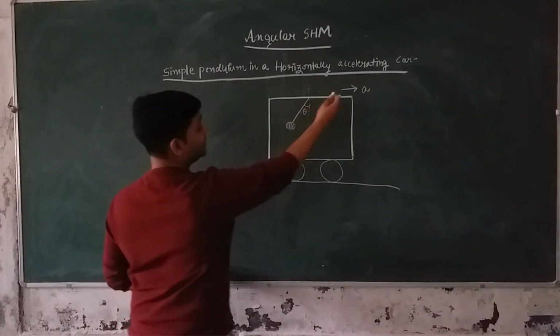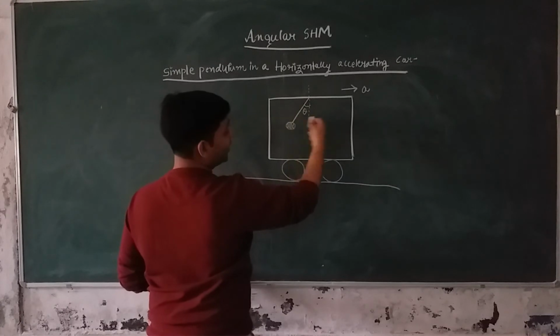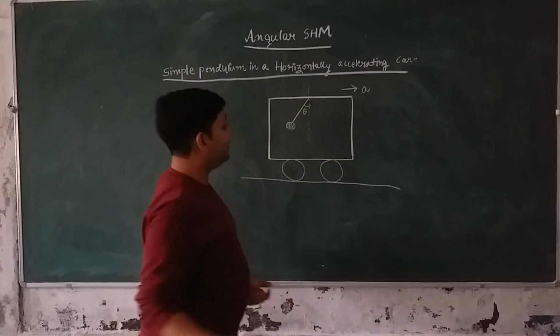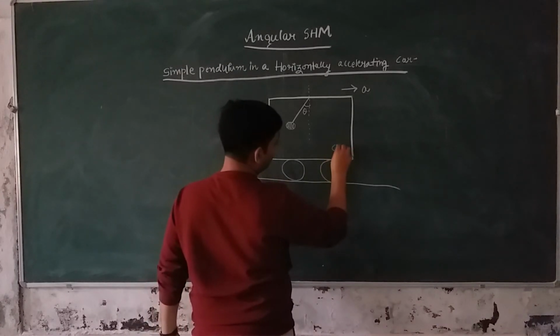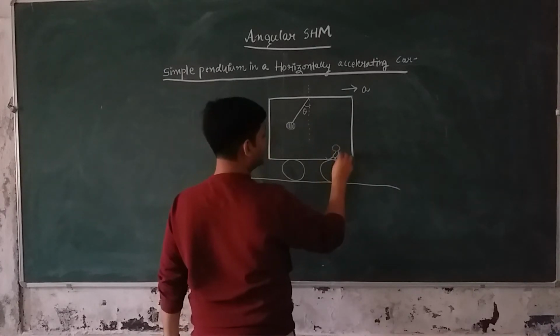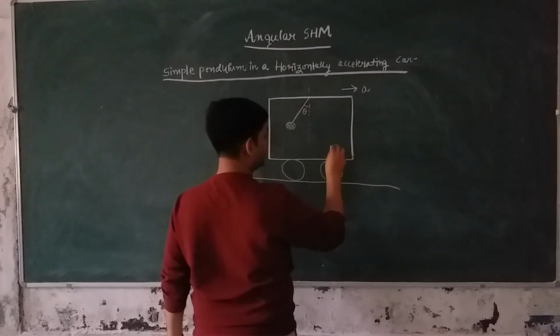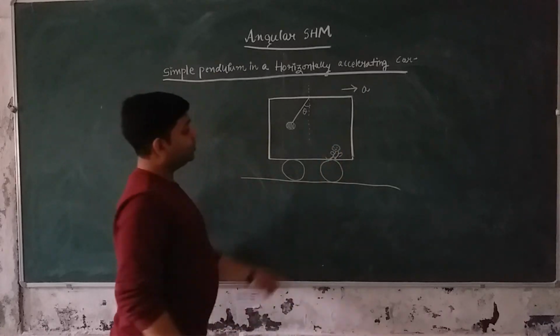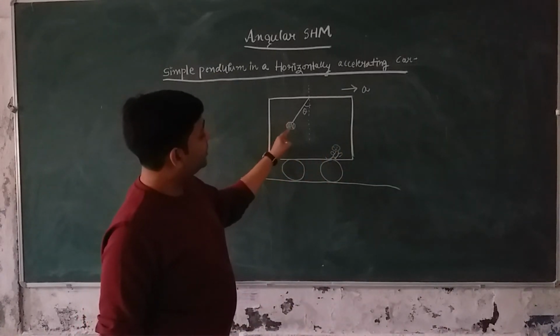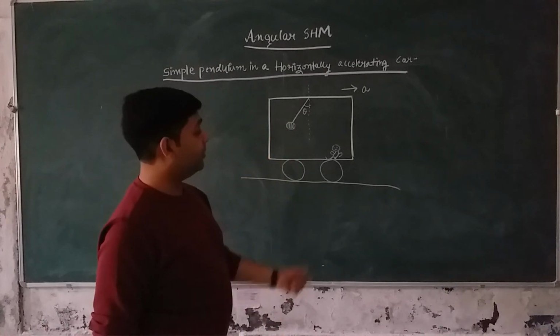Because this system is now accelerating, we need to choose a frame of reference. So let's say the observer is sitting inside this car itself. So with respect to this observer, we will now draw the FBD of this ball.